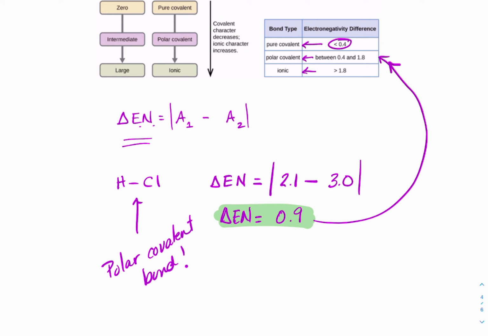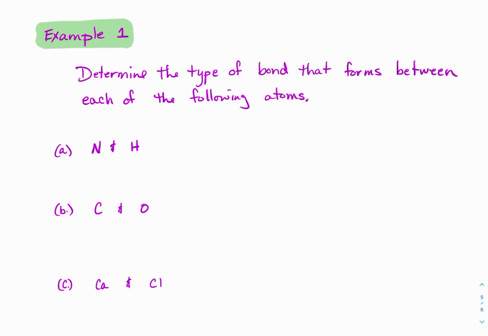So let's practice this a couple of times. Again, you need to have the electronegativity periodic table scale as a reference. So let's determine the type of bond that forms between each of the following atoms. For part A, it's nitrogen and hydrogen.